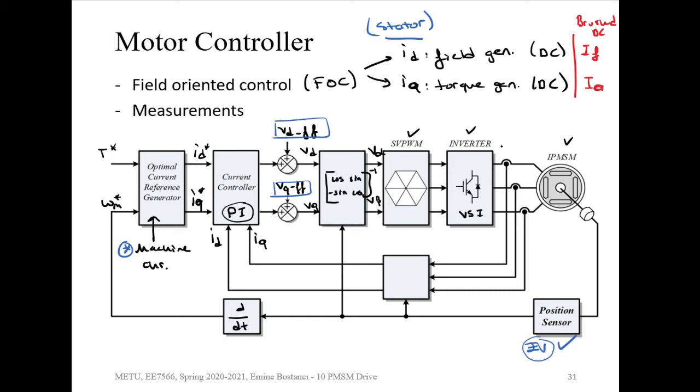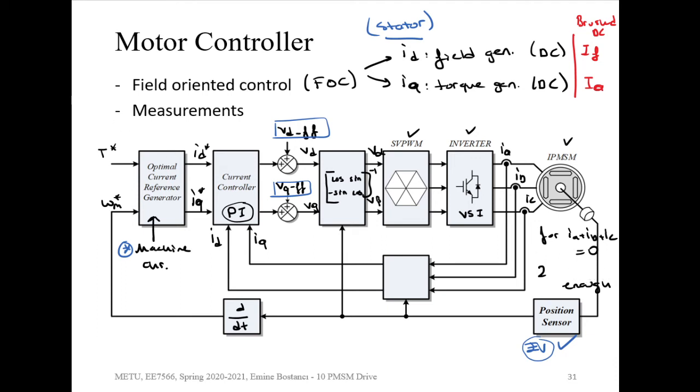We are going to measure all the currents, IA, IB, and IC. Since IA plus IB plus IC equals 0, it is also okay to measure just two of them. Two measurements are enough, but you can also measure three just to have some extra measurements in your system.